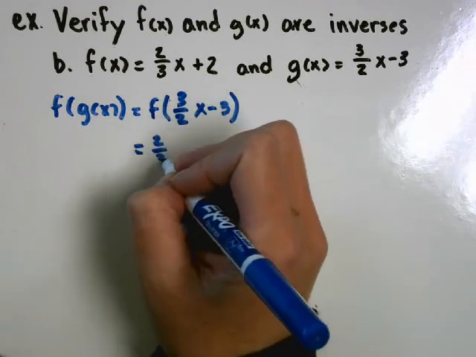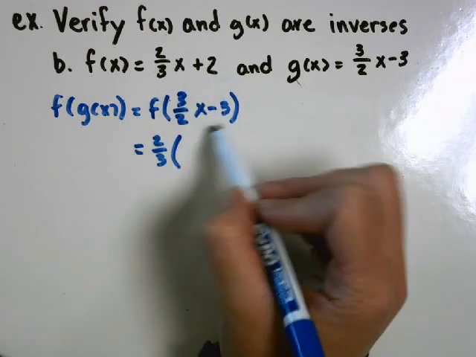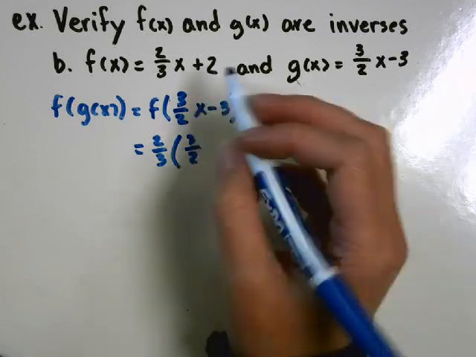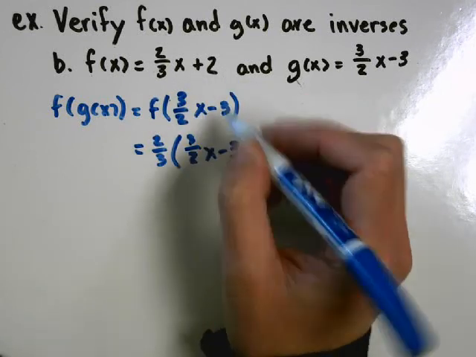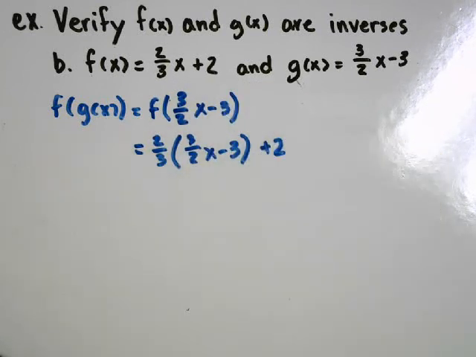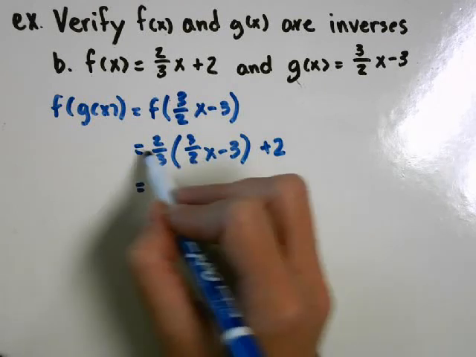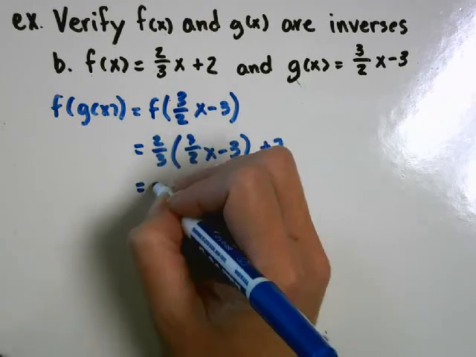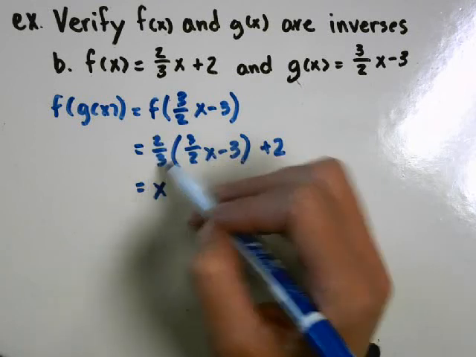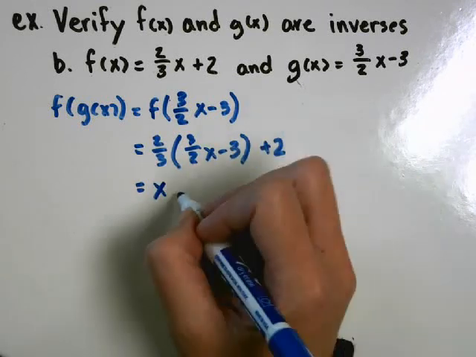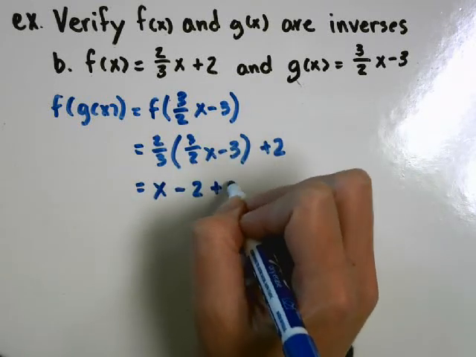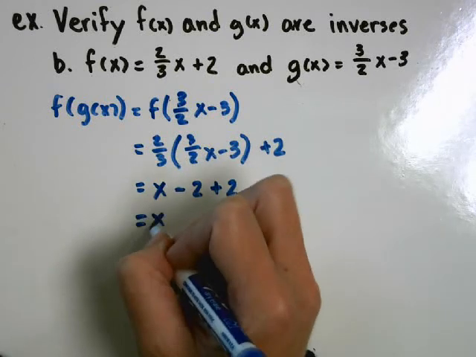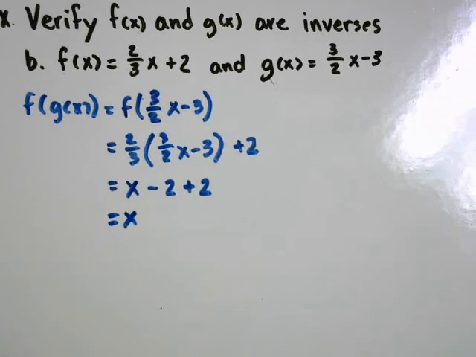So we're going to have 2/3 x, which is getting replaced with this, plus 2. So we'll distribute here. So 2/3 times 3/2 is just 1. 2/3 times a negative 3 is a negative 2, which gives us x, which is a good start.